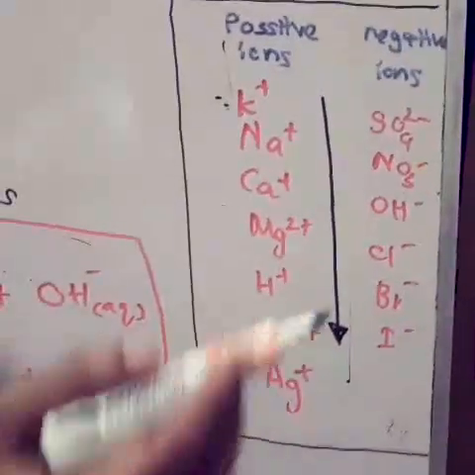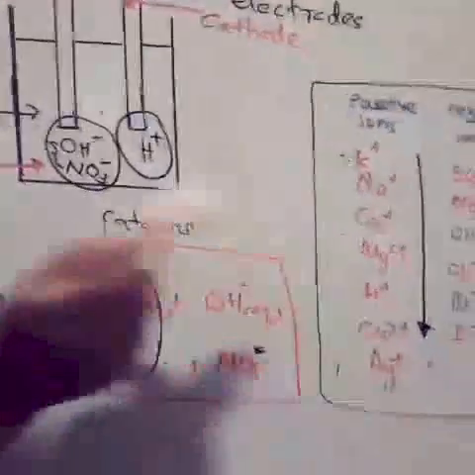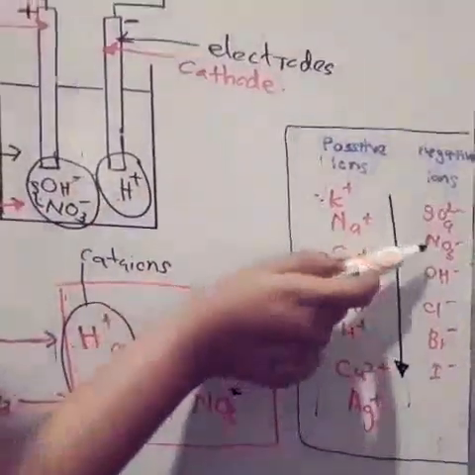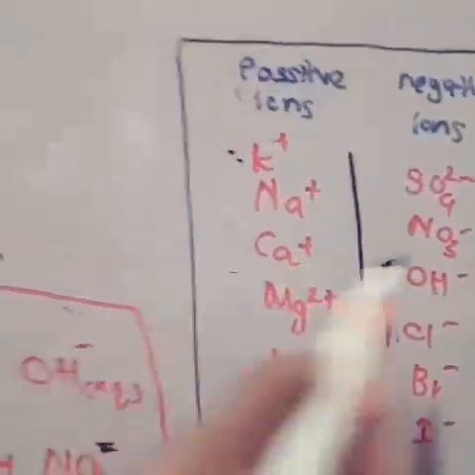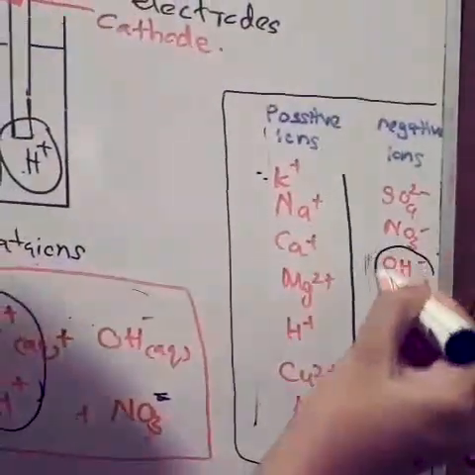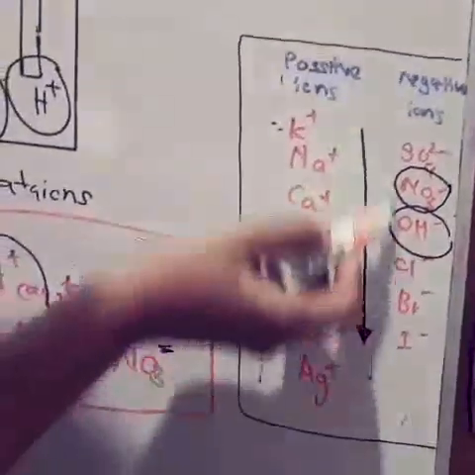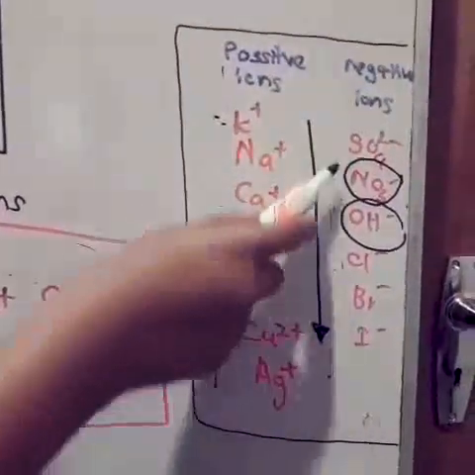Now just imagine we have only hydrogen here, no competition with positive ions. But when we come to the negative ions, look here. In negative ions we have OH minus and nitrates. So which is the most discharging ion, nitrate or OH?